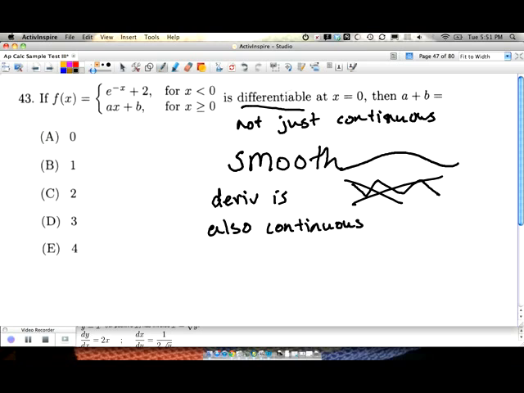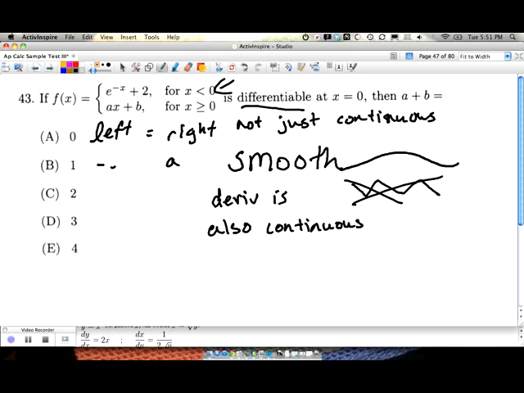Well, let's see what that means. We have this function up here. We're going to take the derivatives of each one and make sure that those are continuous at 0. That means that the left has to equal the right. Well, the right side is ax plus b. The derivative of that is a. And the left side is e to the negative x plus 2.